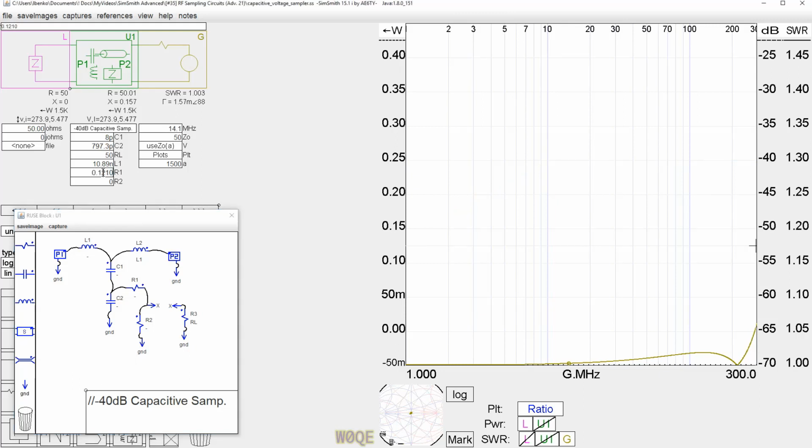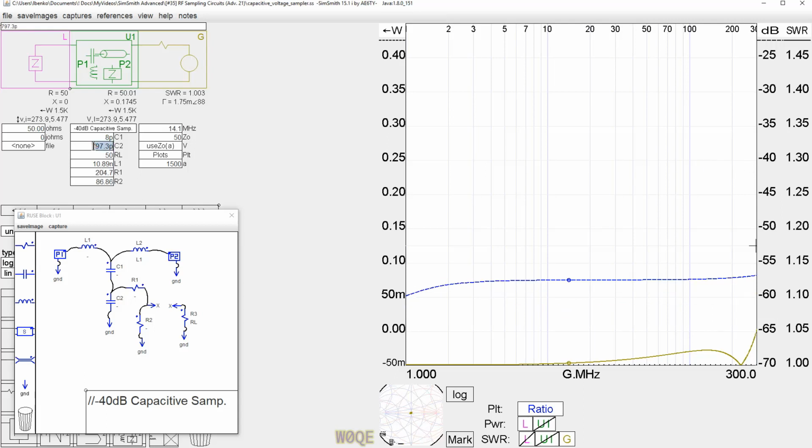And we need to make R1 a pretty big value resistance, and R2 has got to be above 0, of course. Okay, what we see here is we're going to have a hard time getting up to 40 dB.